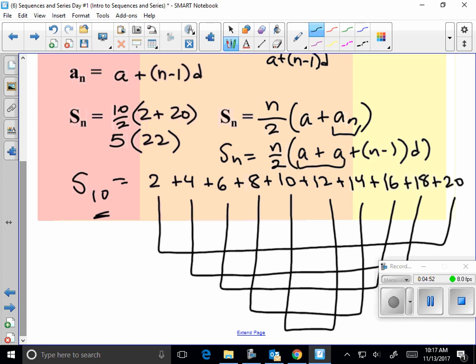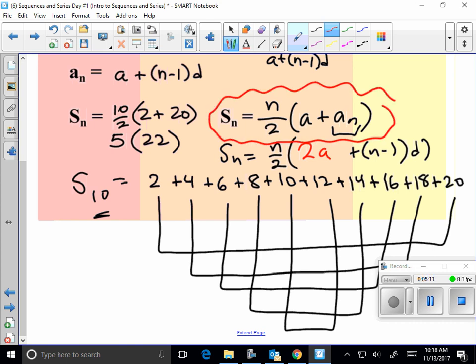So a different form that you might see and is useful in some cases is n over 2 times 2a plus n minus 1 times d. But it's the same thing. It's the exact same thing. I prefer this form right here. It just works easiest. But why would this one be useful? Someone just asked me this question. Why would this be more useful?